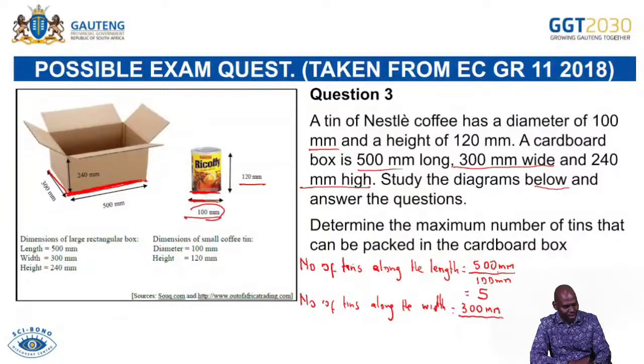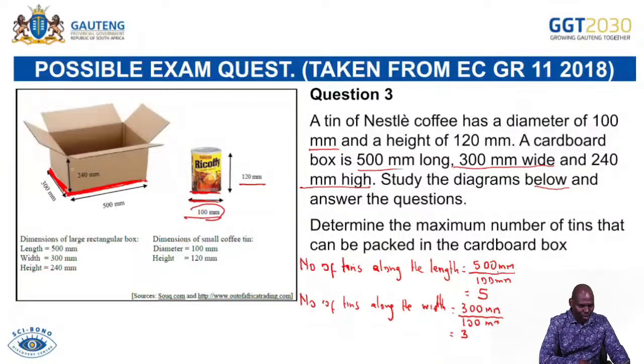Then we divide it by 100 as well, because we also need the width. In this case, how wide the tin is, that is determined by the diameter. So the diameter is still 100. So it's 300 divided by 100 millimeters. So luckily, we don't have to change any unit, and this one is just 3.